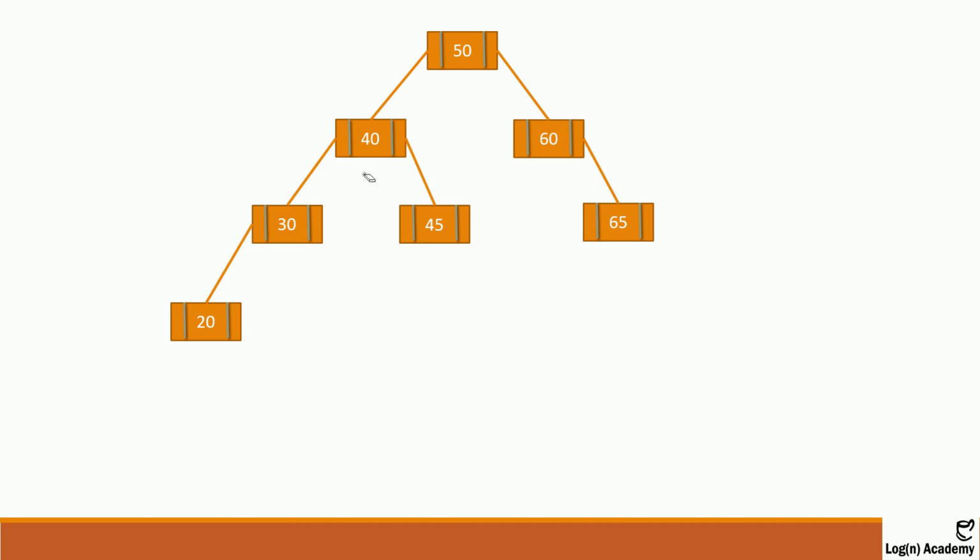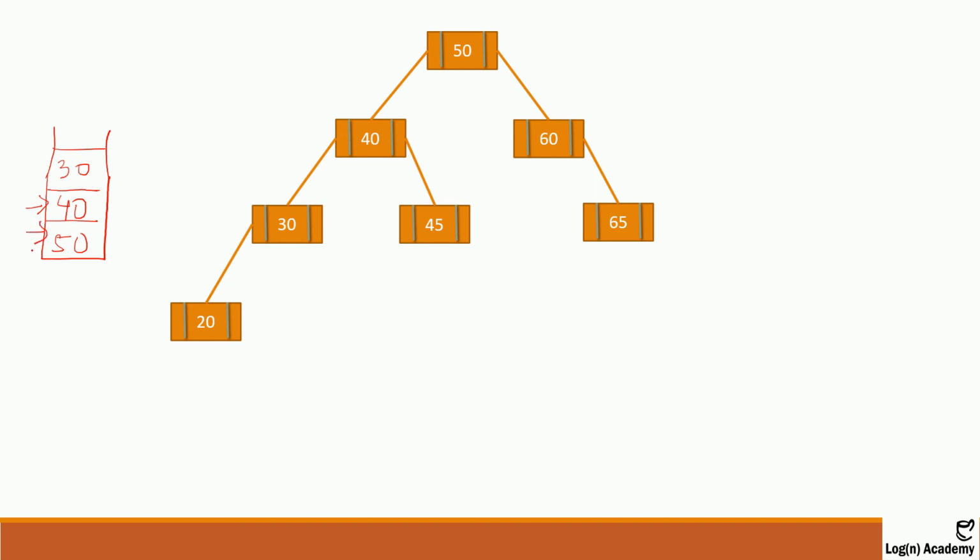I need a reference to keep track of this pointer. So what we normally do is we use a stack. First we store 50 here, and then in order traversal, we store 40, and then we store 30. So we store the values here, and this is how we traverse.